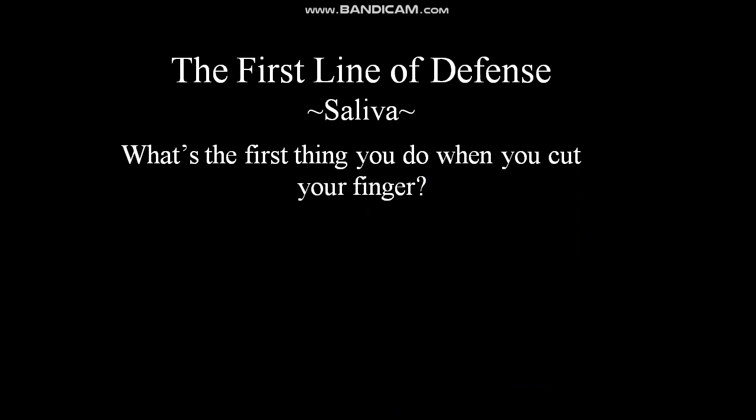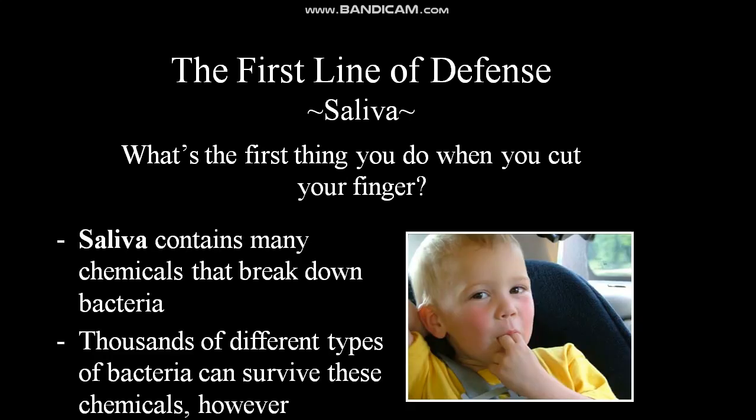The next line of defense is the saliva. What is inside the saliva? What is the composition of the saliva? You are well familiar. Saliva contains many chemicals that break down bacteria.